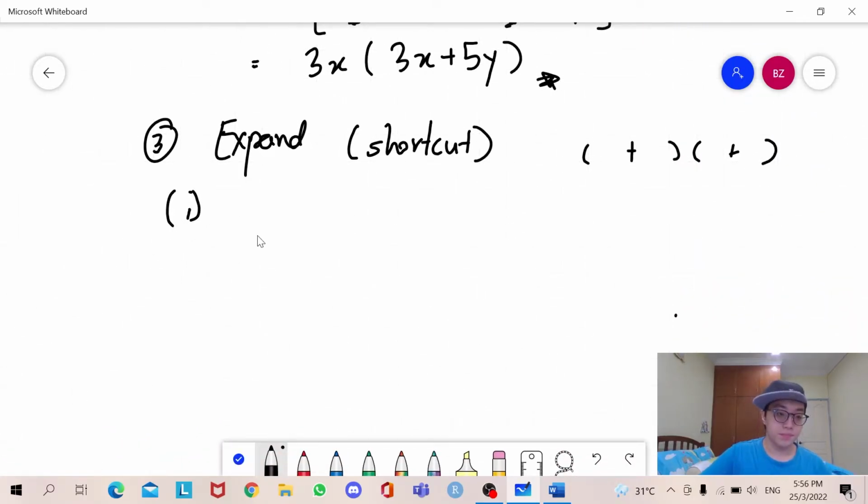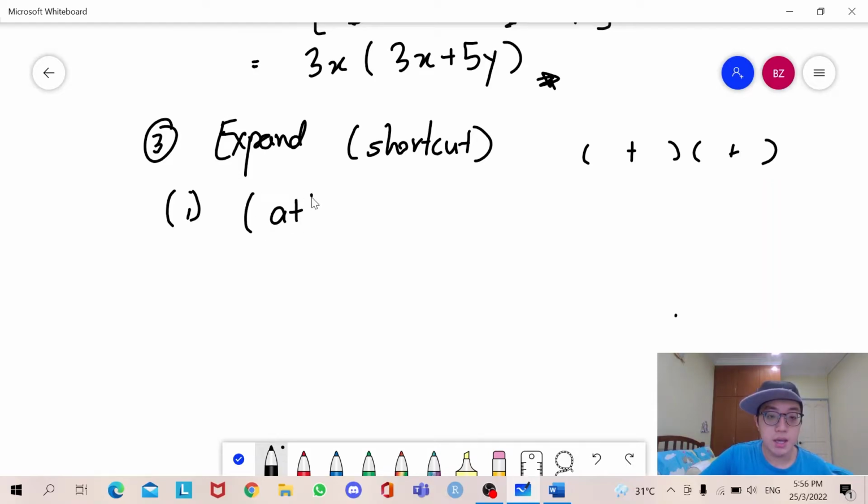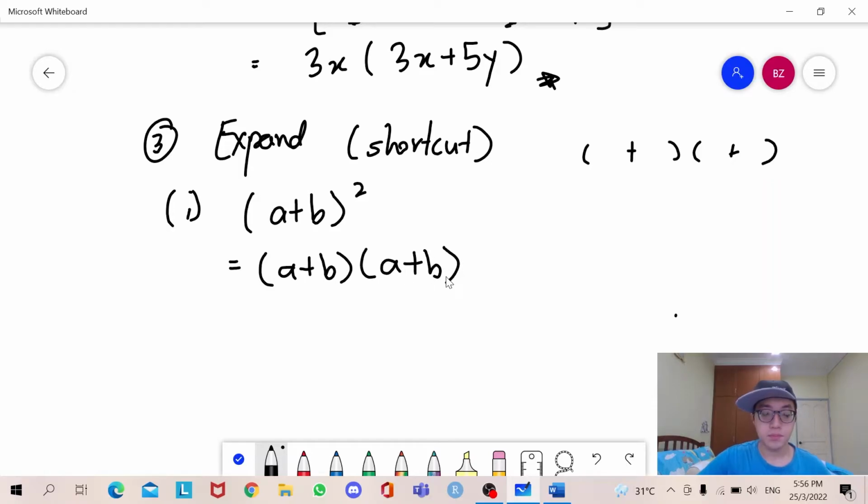Number 1 is (a plus b). I will start with the shorter one first: (a plus b) squared. Square means something times something which is the same, so this equals (a plus b)(a plus b).